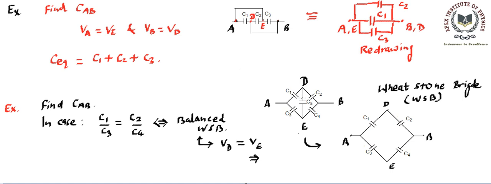The condition for that balancing is this. So this condition has to be there only if we are able to say so. If we find the ratio of corresponding capacitances equal, then we can say C5 can be removed. Then the equivalent circuit will become this, which can be easily solved to find the C equivalent for this circuit. I hope after this point it can be handled and solved.